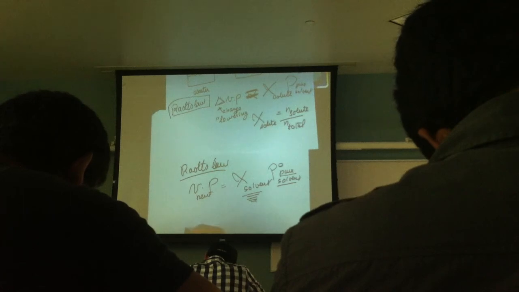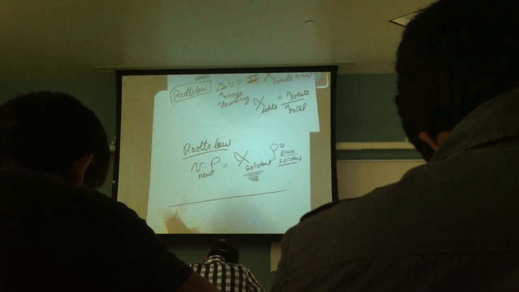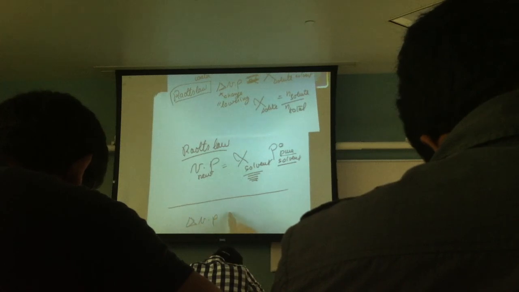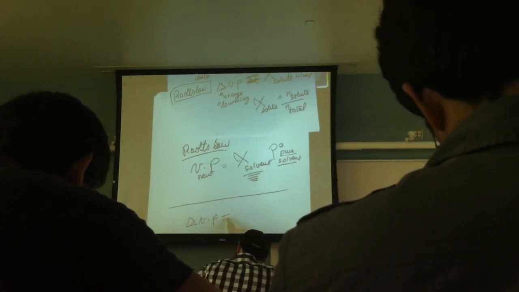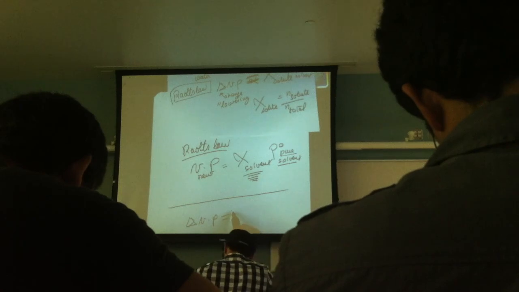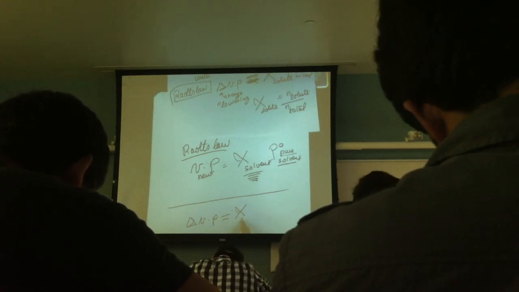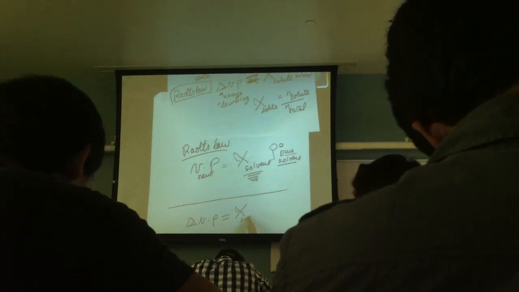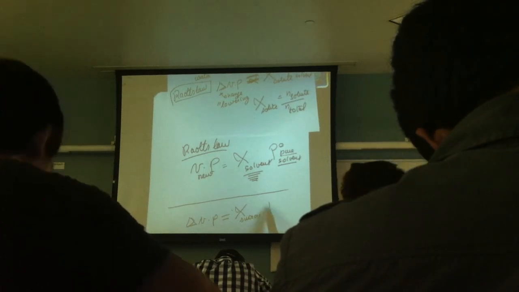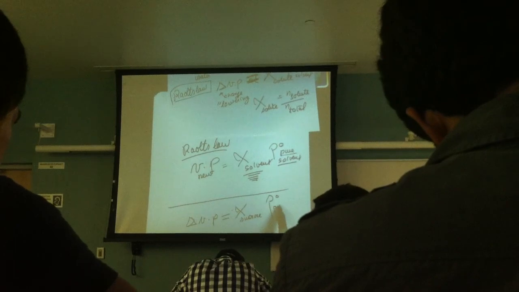We want to know how much the vapor pressure will be lowered because we put sugar. Sucrose is sugar. That is equal to the mole fraction of sucrose times the vapor pressure of pure water.